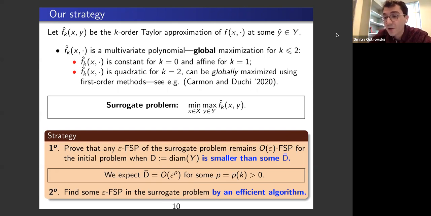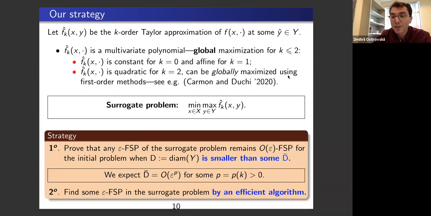For first order model, you will have an affine function, which you will be able to maximize in Y, even with a linear maximization oracle over a simple set, over an LMO set. And in the case of second order approximation, your objective is non-concave in Y, but you can actually maximize non-concave quadratics efficiently with a first order oracle. In particular, this is the paper of Carmen and Dmitrii with state-of-the-art guarantees.